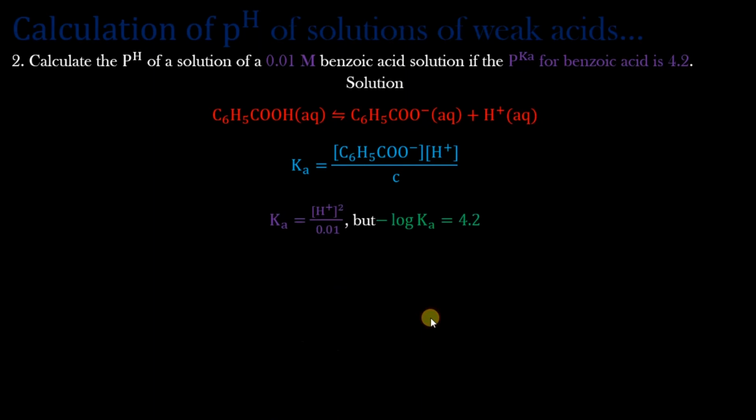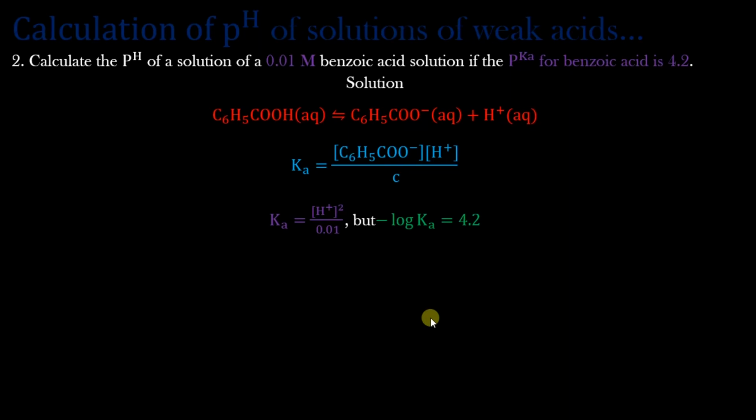So our Ka is going to be the antilog of negative 4.2. That will be our Ka.